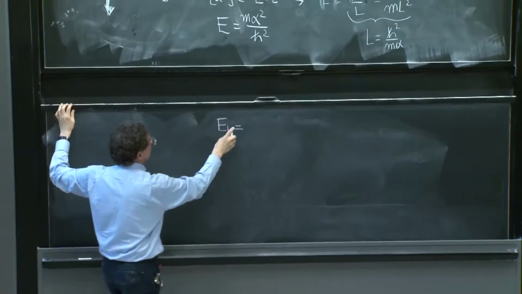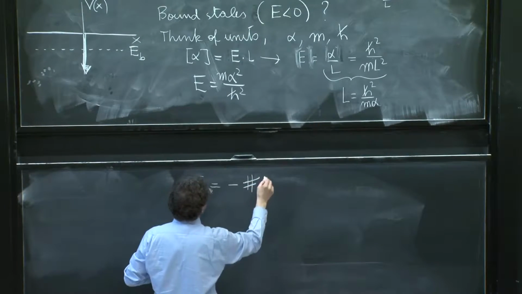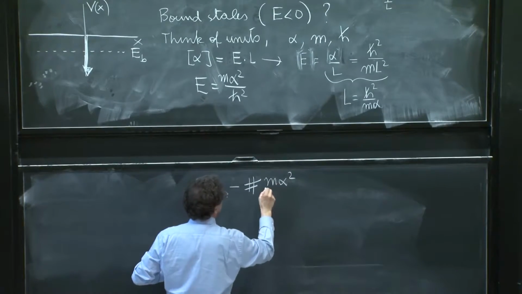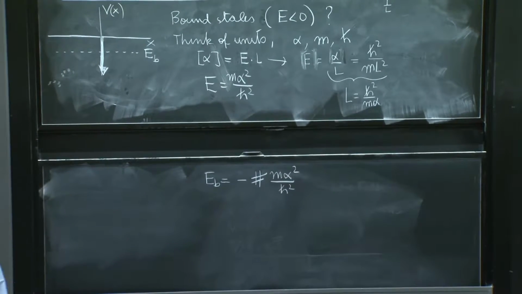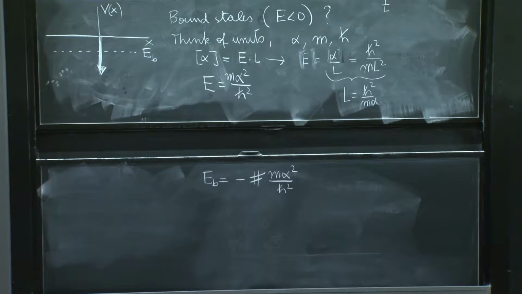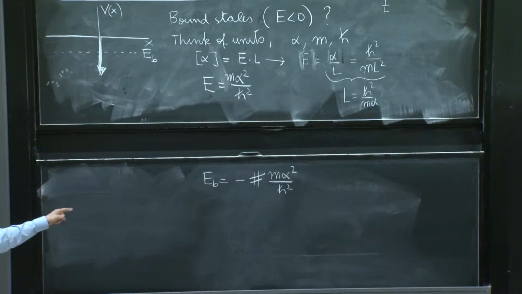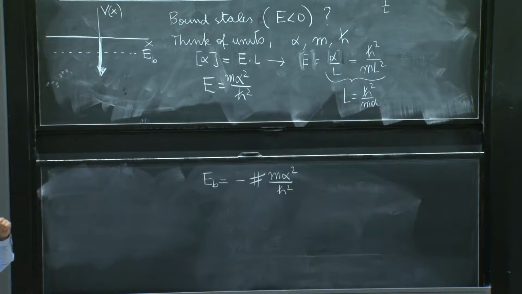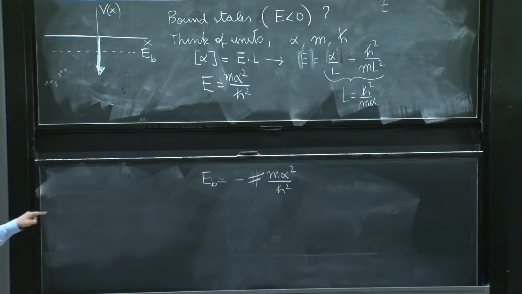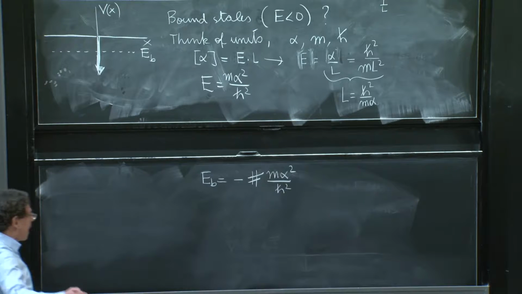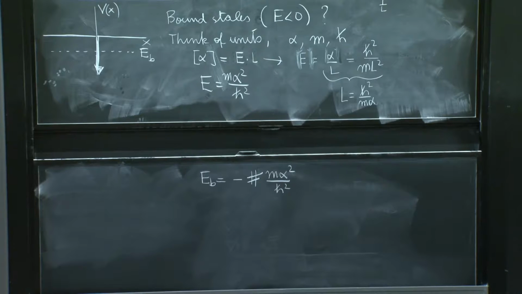And this bound state energy would have to be some negative number times m alpha squared over h bar squared. And that's very useful information. The whole problem has been reduced to calculating a number. It better be, and the answer cannot be any other way. There's no other way to get the units of energy. So if a bound state exists, it has to be that, and that number could be pi, could be 1/3, 1/4, could be anything.